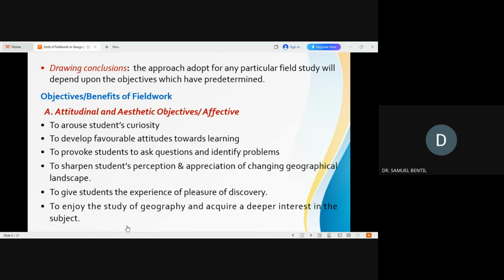It also provokes students to ask questions and identify problems. If you have taken your students on an excursion before to a place they have never gone, the way they will ask you questions, even after the tour guides and those people answering questions, some of them will still want to ask you, the teacher, questions.